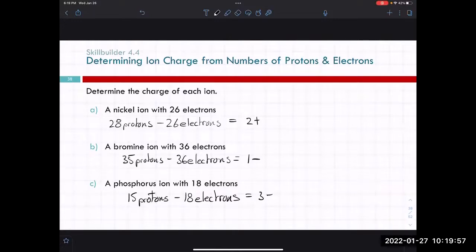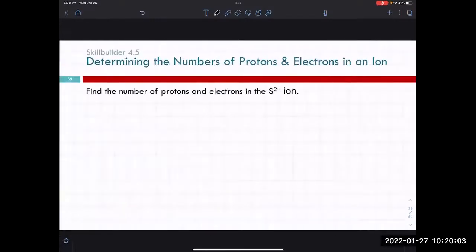Yeah, so does this make sense? Number of protons, number of electrons. Protons have positive charges, electrons have negative charges. So for sulfur 2-, how many protons and electrons does it have?